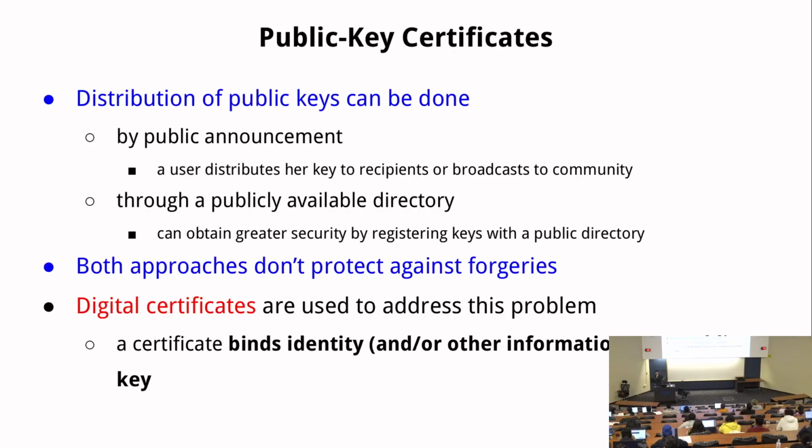So the solution is we use a certificate, which we call a public key certificate or digital certificate. A certificate is basically the public key itself, your identity, and a signature on top of that. How do we generate the signature? We use the private key to sign that. So a certificate is a binding between an identity and a public key.